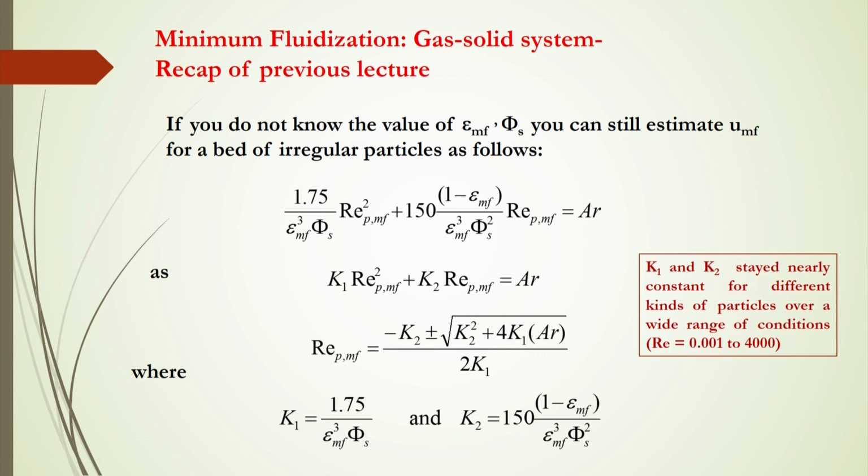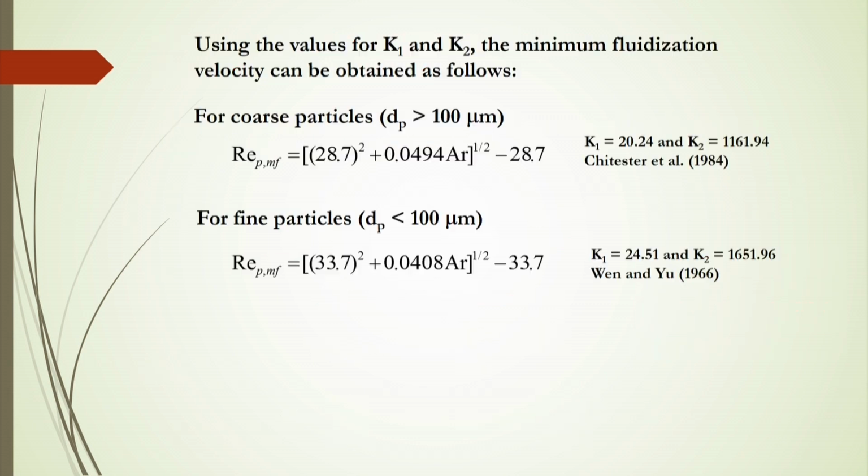These K1 and K2 are defined as terms obtained from the Ergun equation, and this form of the equation in terms of K1 and K2 is valid within the Reynolds number range of 0.0012 to 4000. Using these values of K1 and K2, the minimum fluidization velocity can be obtained for different particle sizes.